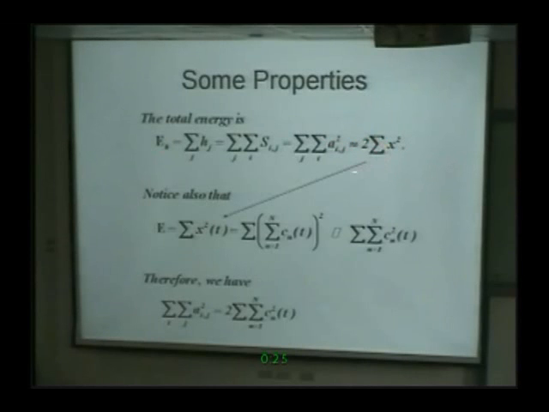Now if we compute energy regularly, we use x squared. So energy defined as x squared equals summation Cn squared, because there's no cross product term.